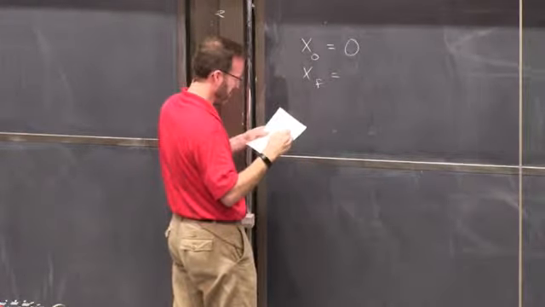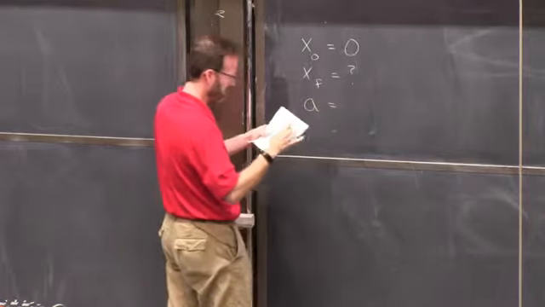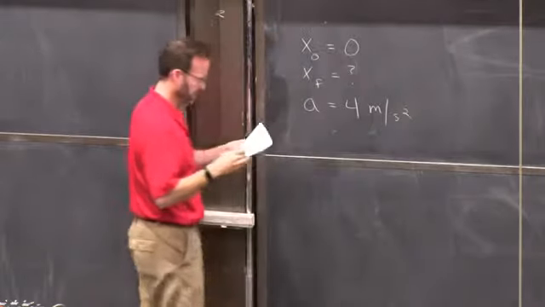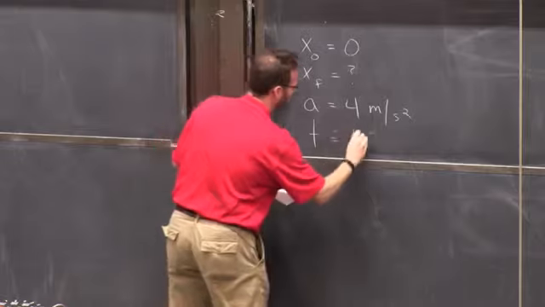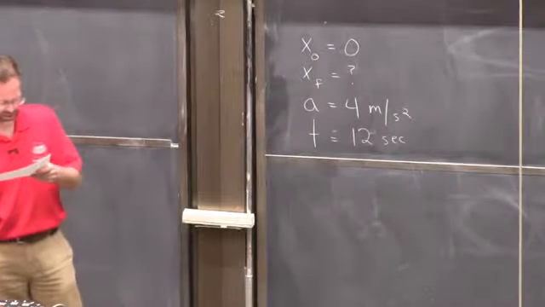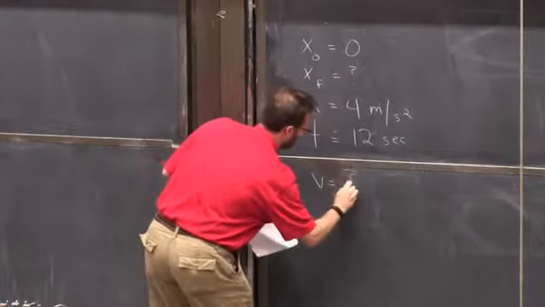It didn't tell us that, right? It tells us the acceleration, which in this case is 4 meters per second squared. It gives us time, the 12-second mark. So 12 seconds later, it wants to know that velocity.